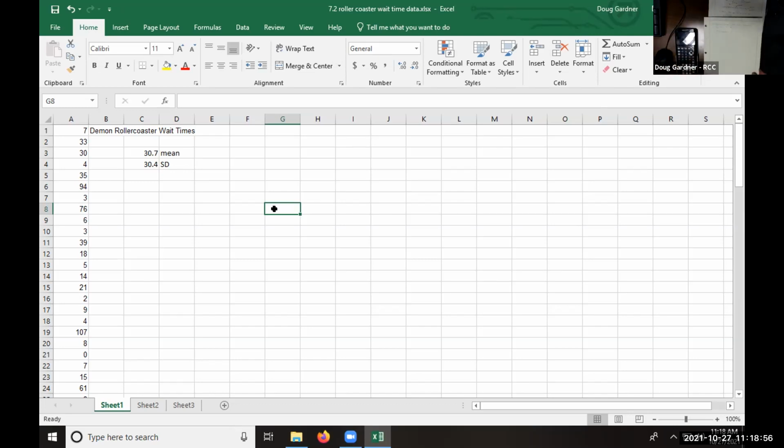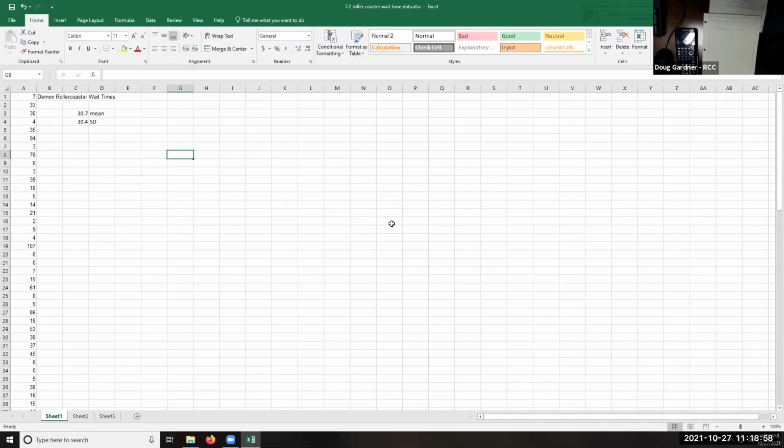Switching screens. Every question here just pertains to finding the area under a curve.